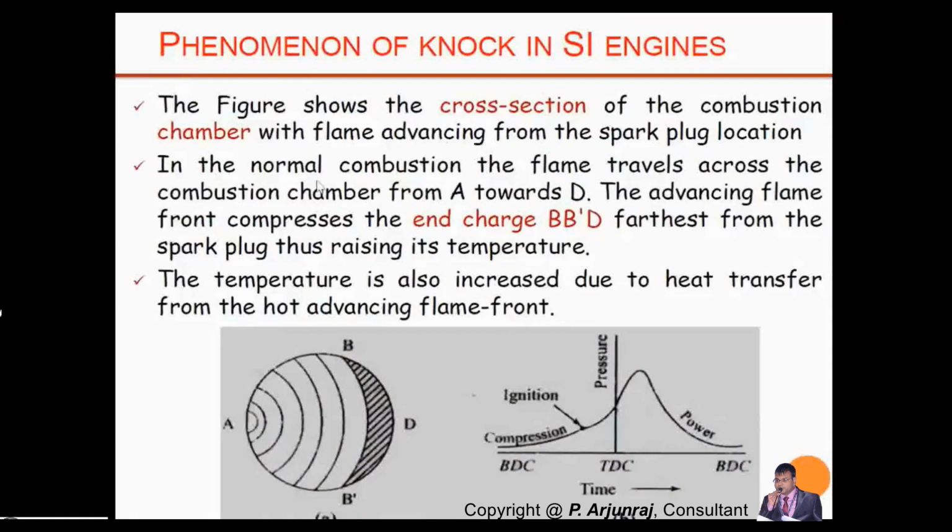When you say normal combustion, the flame is going to travel across the combustion chamber from A to D. Whenever fuel and oxygen get mixed up, you get a flame. Assume this is a flame having some distance, here to D is the distance. So in normal combustion, the flame always travels from point A to point D.